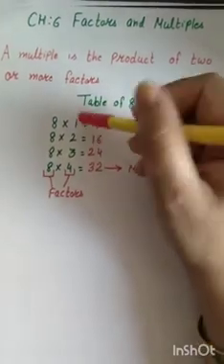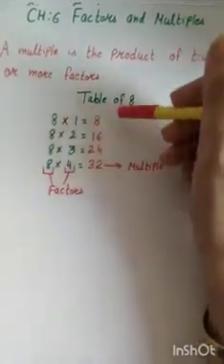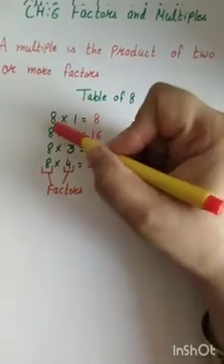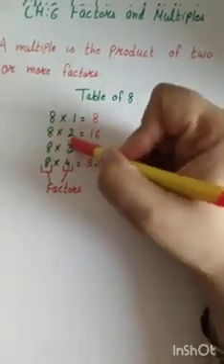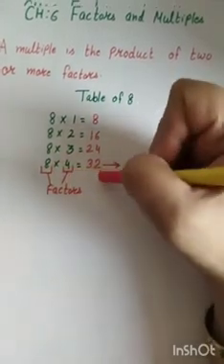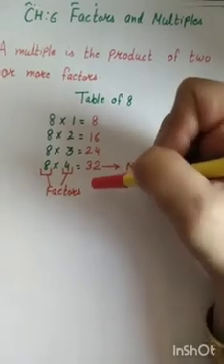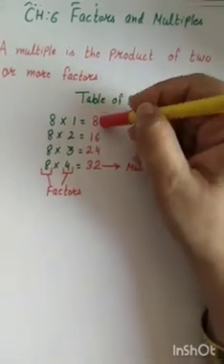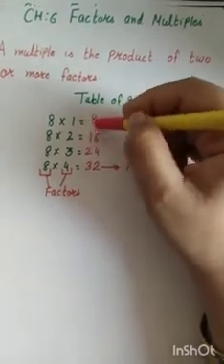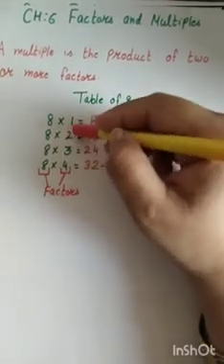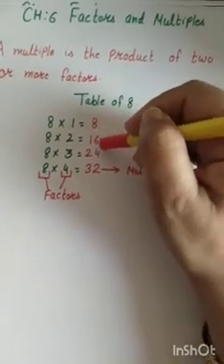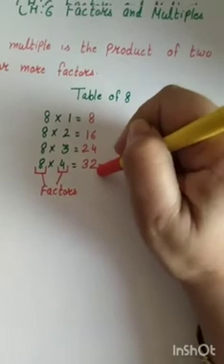What does that mean? When you are writing any table, suppose I write here the table of 8: 8 ones are 8, 8 twos are 16, 8 threes are 24, 8 fours are 32. Now in that table, the products you are writing, the product of any two numbers, are called multiples.